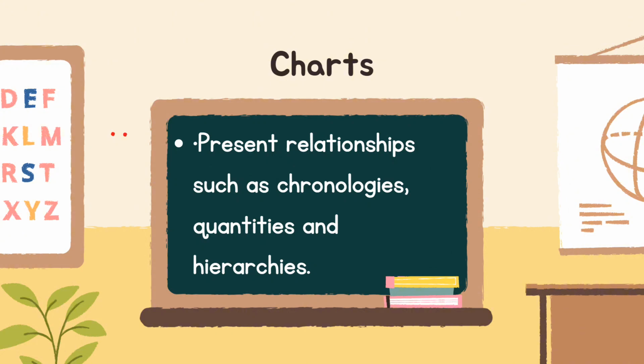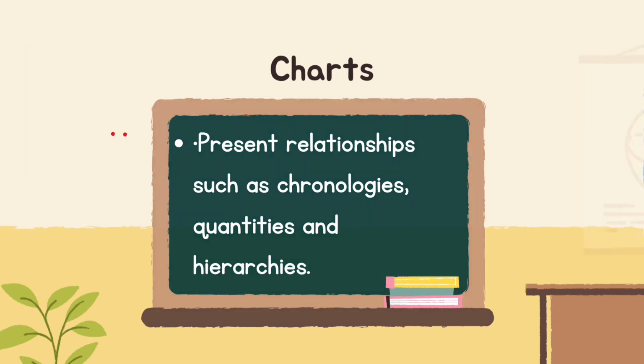And quantities, it is the amount or number of material or immaterial things not usually estimated by spatial measurements. And when we say hierarchies, it is the ranking according to power or importance.